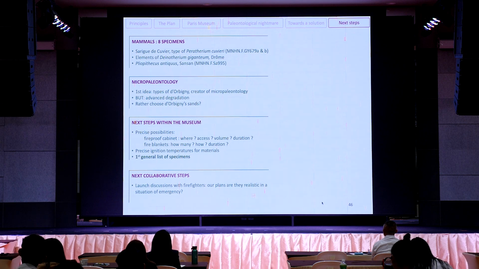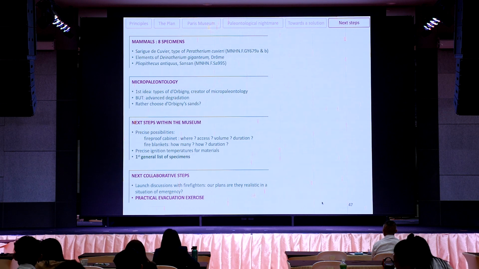And maybe they will tell us, no, it's absolutely not reasonable. That doesn't work. We are human, not robots. It's possible. And then, of course, we will have to exercise between us for the blanket things and with the firefighters. Maybe we will see while practicing that all our plans don't work.